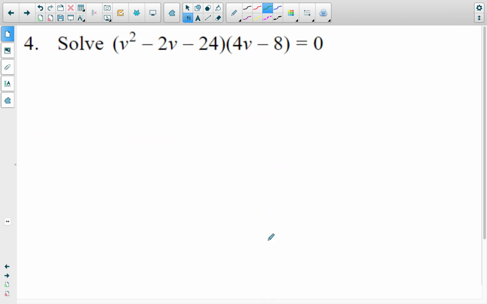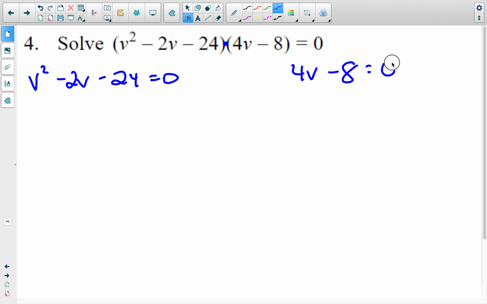All right, get a little more involved here. So right off the bat, we have this multiplication happening between the quantities, so we can actually set each of these equal to 0 and then keep going. Right? V squared minus 2v minus 24 equals 0, and then 4v minus 8 equals 0. So this is a trinomial, and we actually need to factor again, all right, before we can move on.